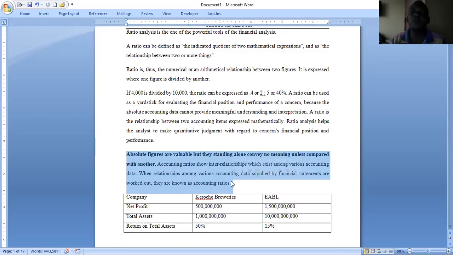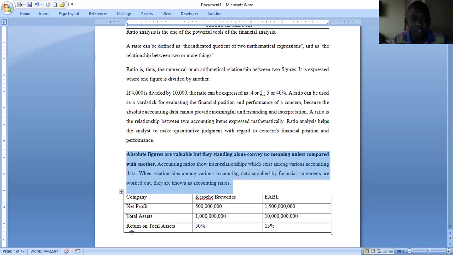An absolute figure may not be able to convey meaningful information to the users of financial statements as compared to a financial ratio. A financial ratio is a very powerful tool in helping to determine the relationship between the various items or elements in the financial statements, whereas absolute figures that have not been related to other items in the financial statements cannot give meaningful information.